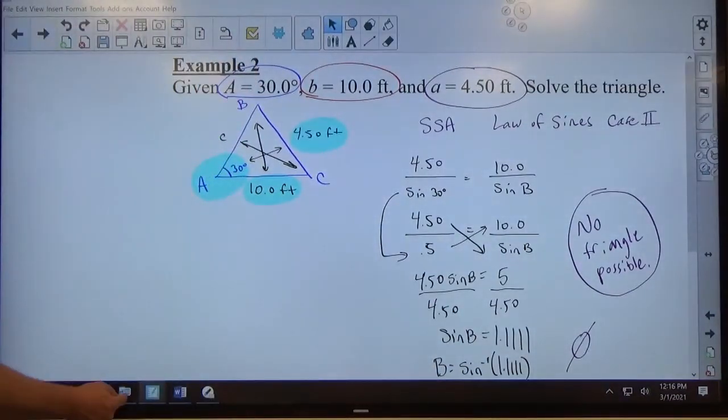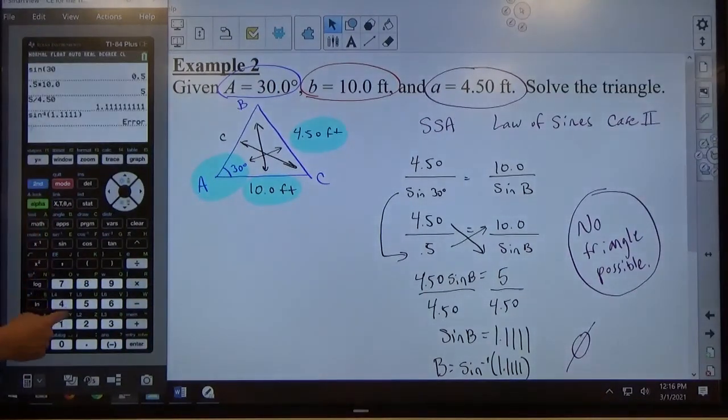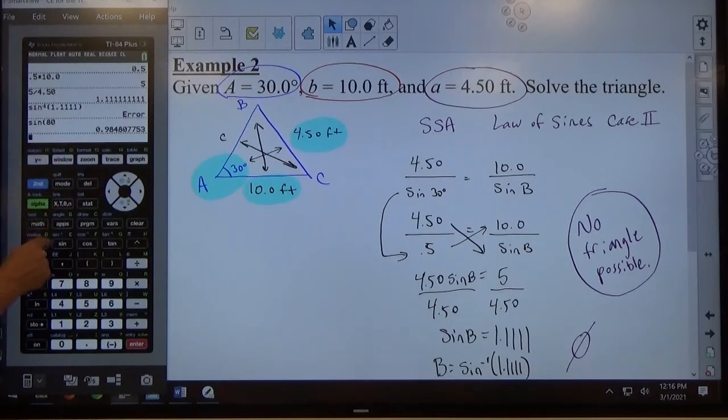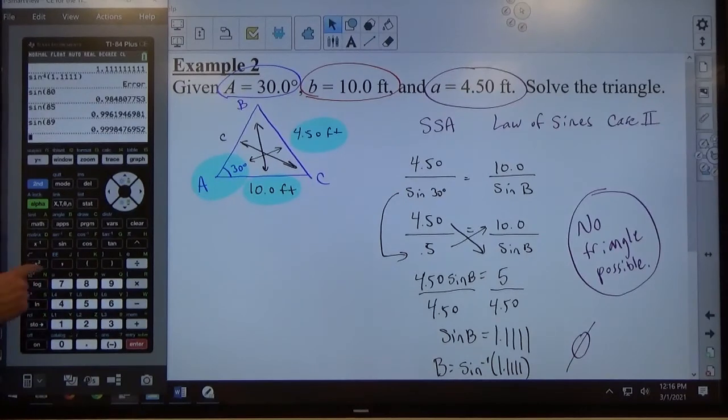Once we get to the point where sine is bigger than 1, it's not possible. Just know that anytime you do sine of anything, suppose I do sine of 80, 0.9848, sine of 85, 0.9962, sine of 89, 0.9998, sine of 89.9, 0.99999, sine of 90 is equal to exactly 1.